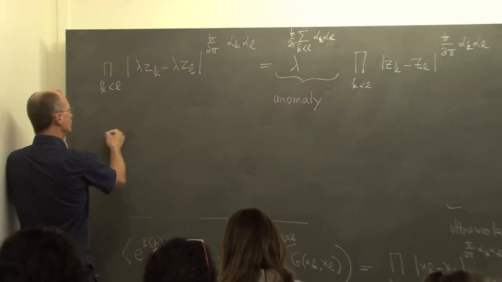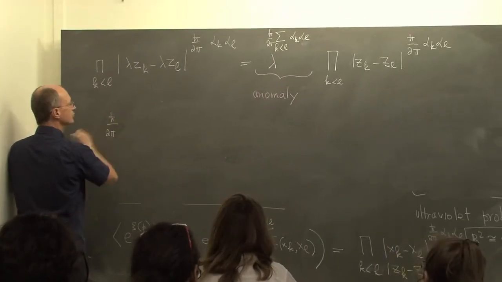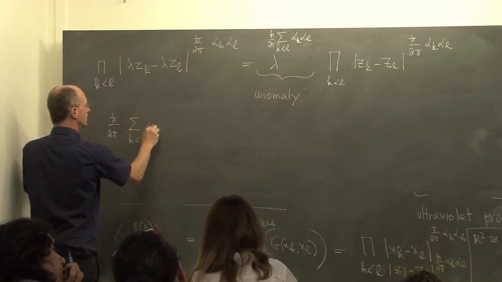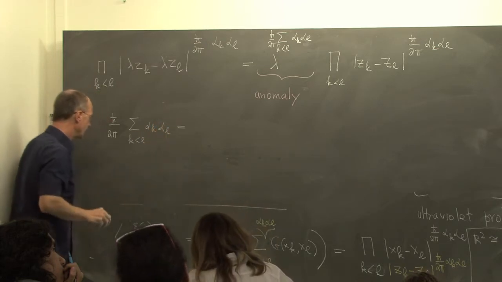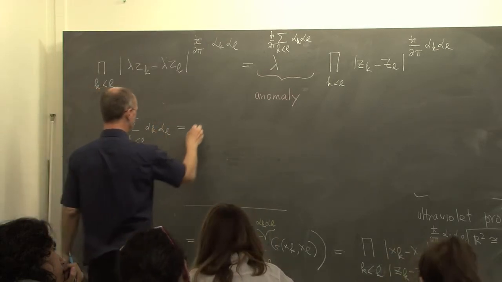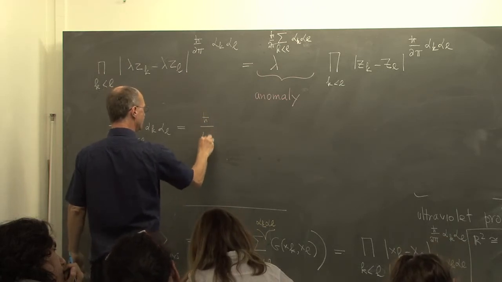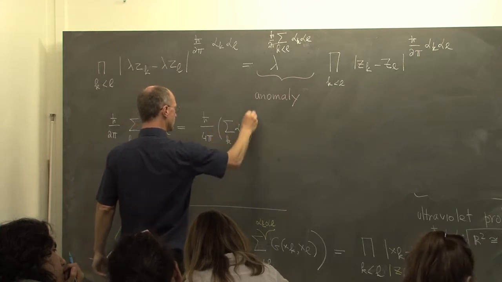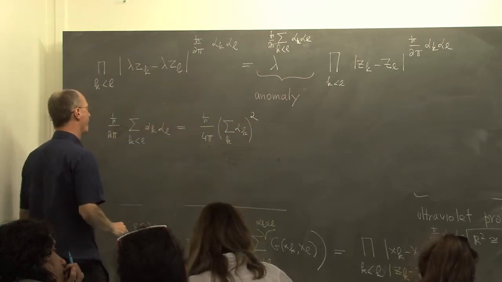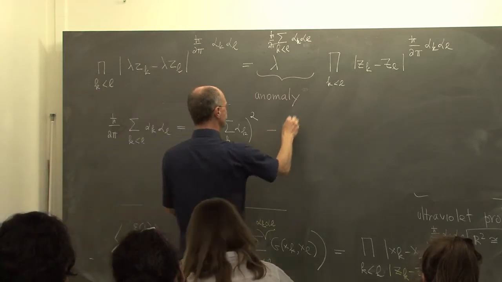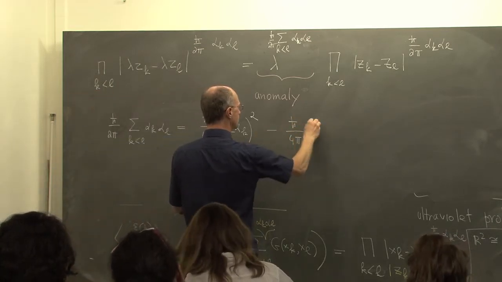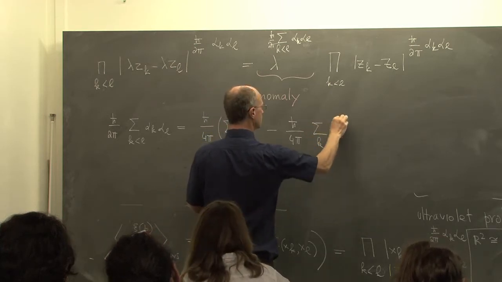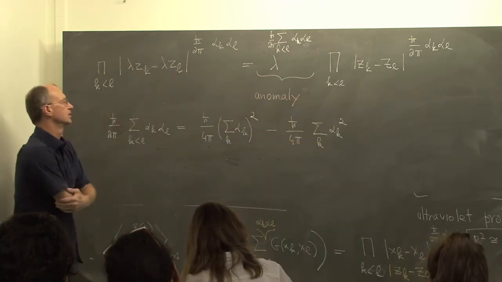Now let's study this expression in more detail: h over 2 pi, sum over k smaller than L of alpha_k alpha_L. Let me rewrite it in the following way. This is h over 4 pi times the square of the sum over k of alpha_k, minus h over 4 pi times the sum over k of alpha_k squared.